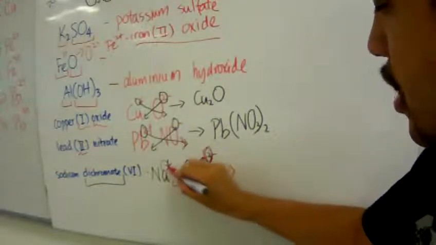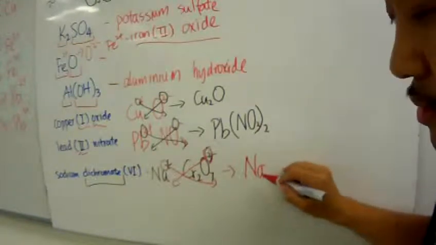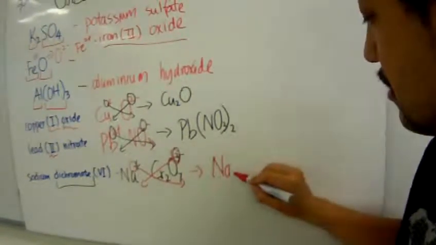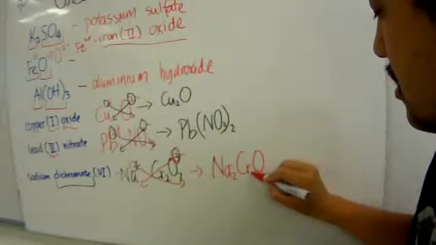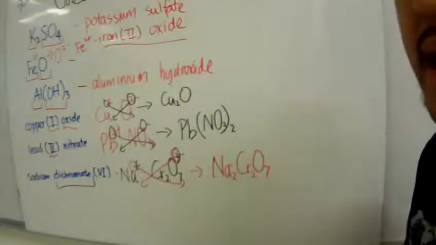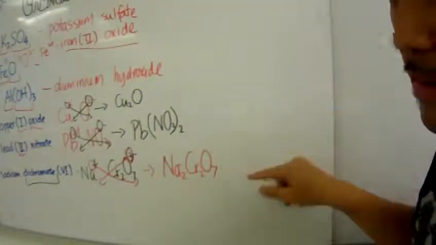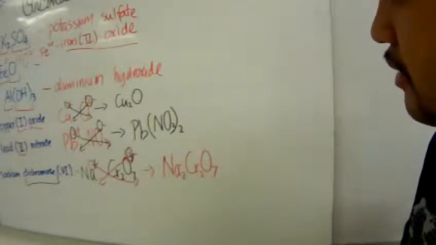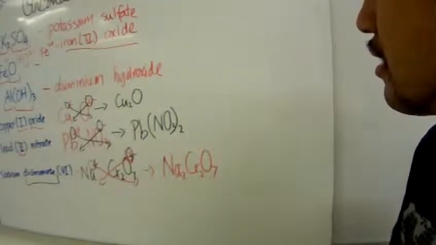Or you can do the drop and swap. Alright? So you need 2 sodium ions. And the dichromate ion will be written down like so. And so this will be the formula of sodium dichromate(VI).